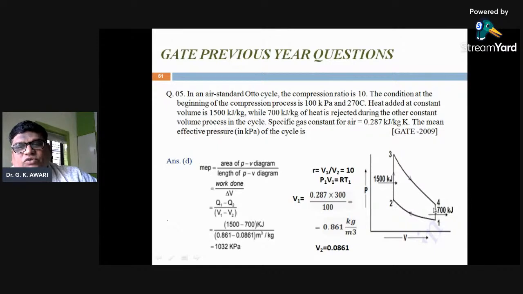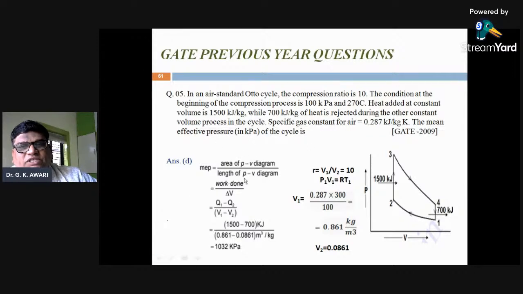This is constant volume heat rejection. So what we need to calculate here is the mean effective pressure, in kilopascal.